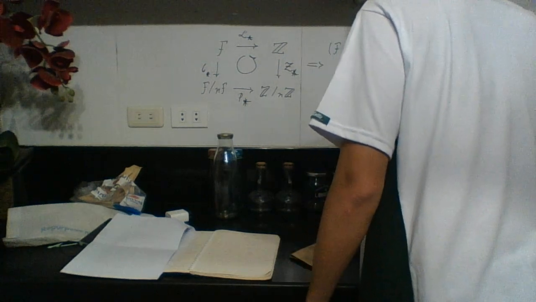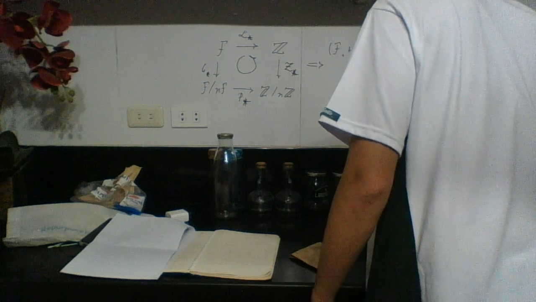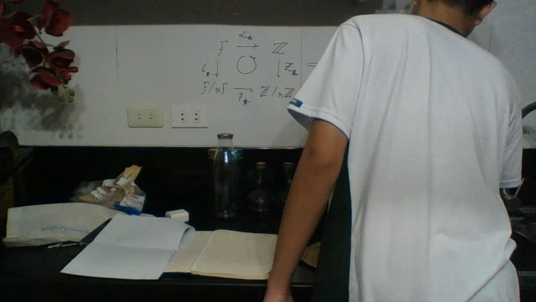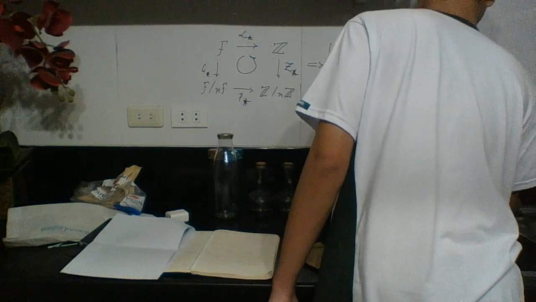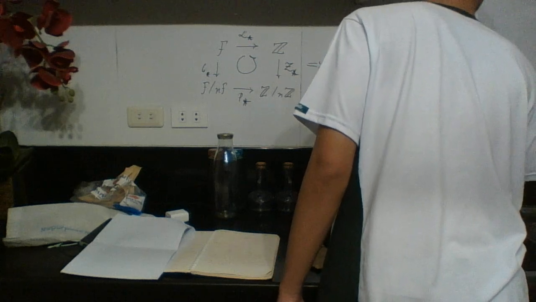With addition operation taken to the additive group of the integers via L itself, and this additive group is taken to this additive group, so F mod N, and then addition, and then we take that to Z mod N, and then addition.